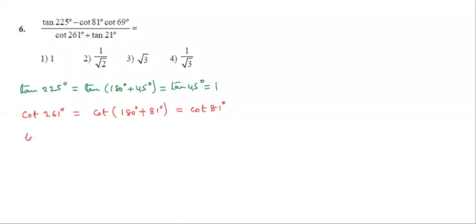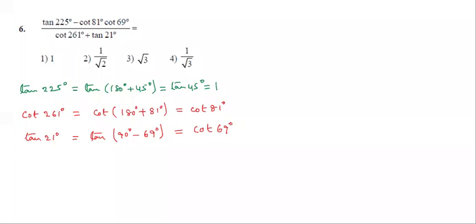Now in the denominator, one more angle is there, tan 21 degrees. 21, how to write, students, tell me? 90 minus 69. In the numerator 69 is there, so I am going to convert 21 to 69 degrees. 90 minus theta, first quadrant, tan positive. But at 90, tan changes to cot, cot 69 degrees. So we got these values.